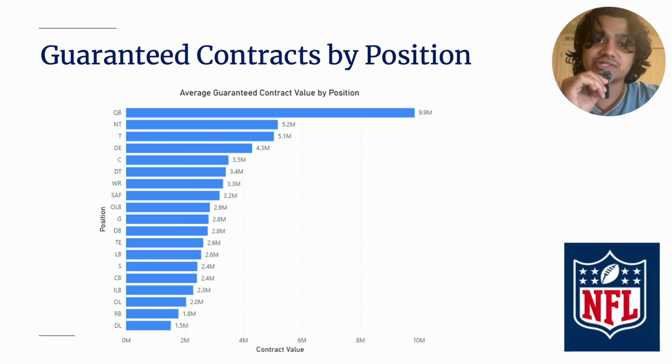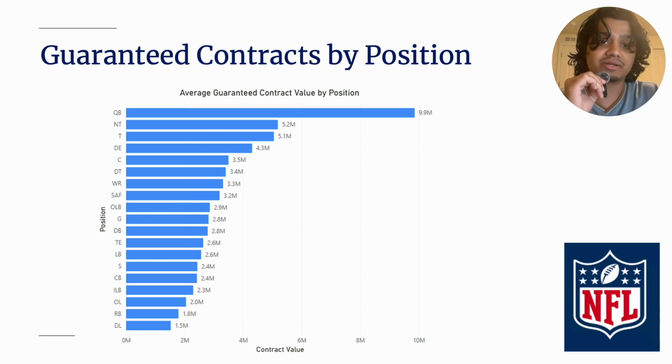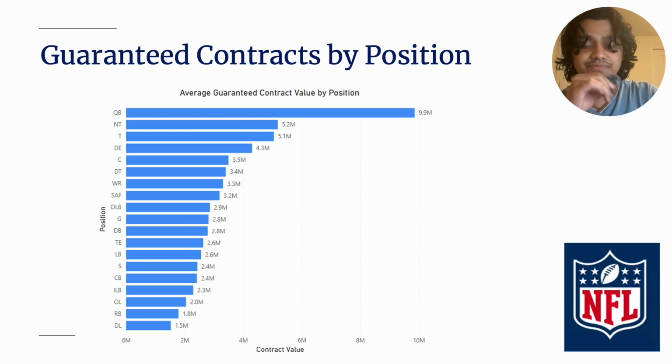And what's also interesting is that right after QBs, the top guaranteed contracts belong to defensive linemen and offensive linemen. In this case, both of them are making around $5 million. It shows how much a team values protecting the quarterback and stopping the quarterback, right, from the tackles.